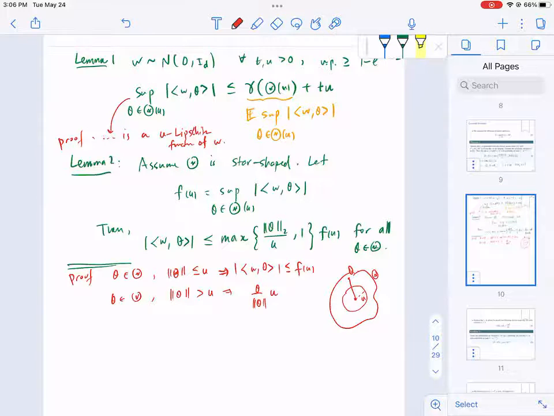I'm going to drop it to this point, on the same ray extending from 0 to theta. This point is guaranteed to stay in Theta. Why? Because it belongs to Theta, since Theta is star-shaped.